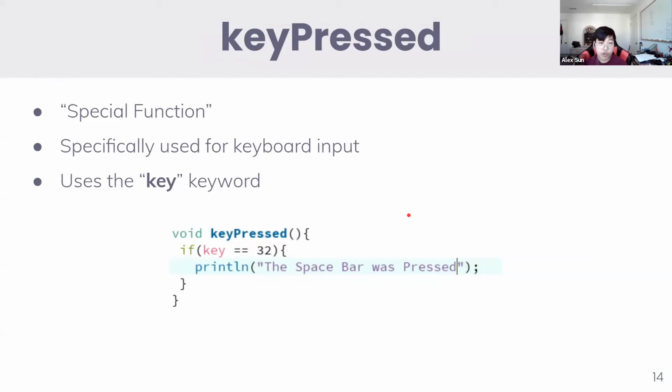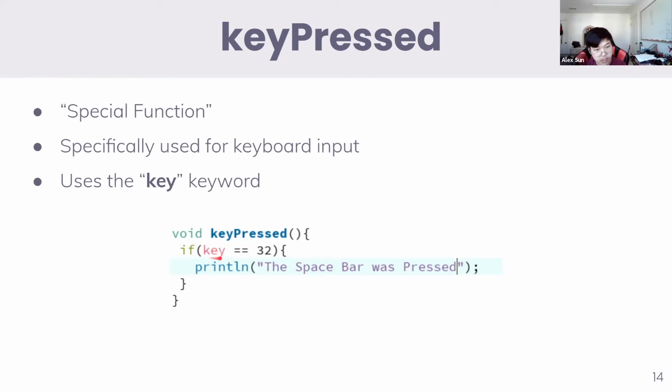So there are more special functions. This is the last of them that we'll be needing for this project, and it allows a user to play the game. If you've ever played a game before, you know that you need to hit buttons or click keys. There's a key pressed function in Processing that basically tells us when a key is hit. In this case, it's called void keyPressed, which is quite fitting, and it uses the keyword key.